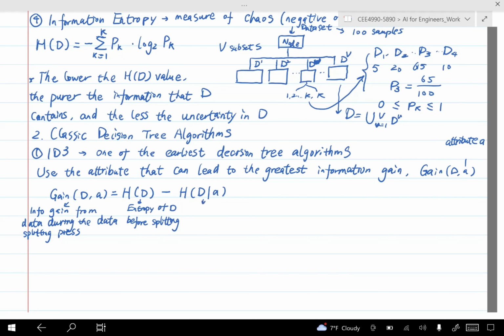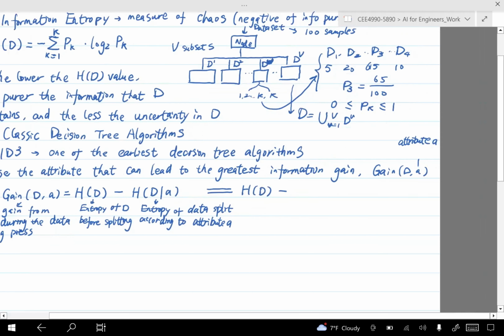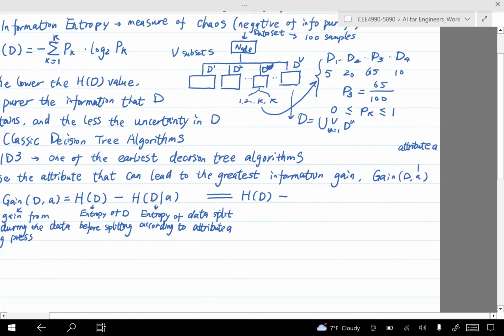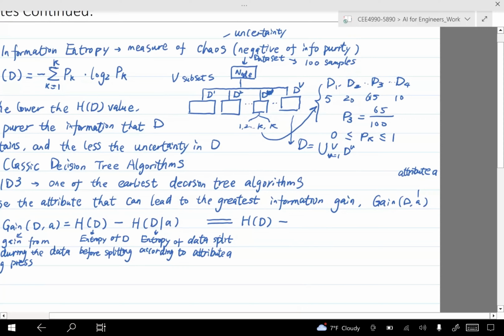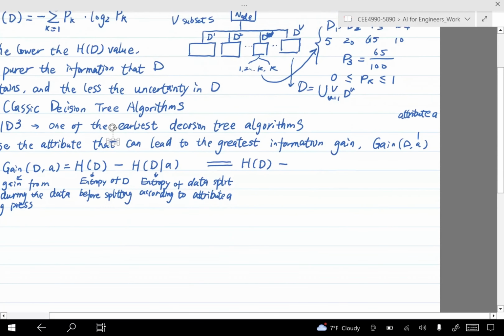And this one is the entropy of the data split according to attribute A. That will be equal to H(D) minus, because for the information entropy of the data after splitting, you will find that now we have capital V subsets, and for each of them we can calculate an information entropy. That's what we did. Depending on how many categories of data we have in them, we need to calculate the p_k and then put them into this equation to get H(D) for that subset.